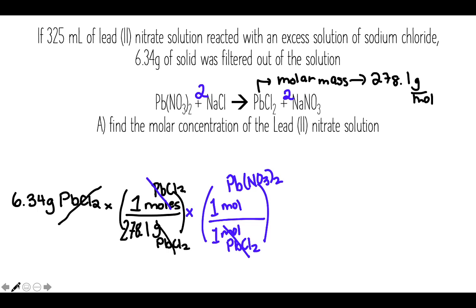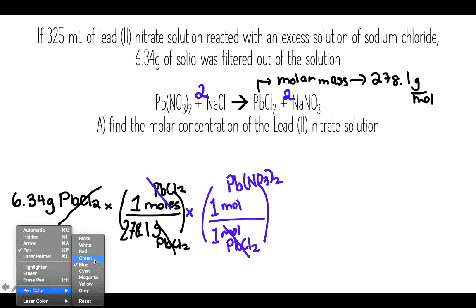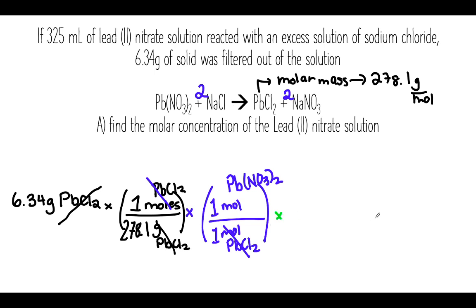And then now I'm at my last step. I've got moles of Pb(NO3)2. I need to take it a step further so that I can solve for the moles per liter of Pb(NO3)2. What I need now is liters at the bottom.